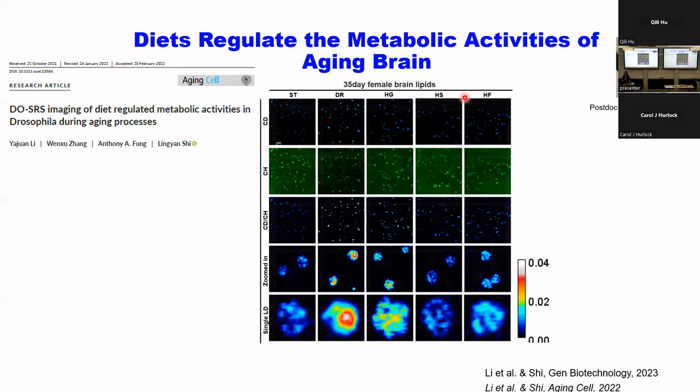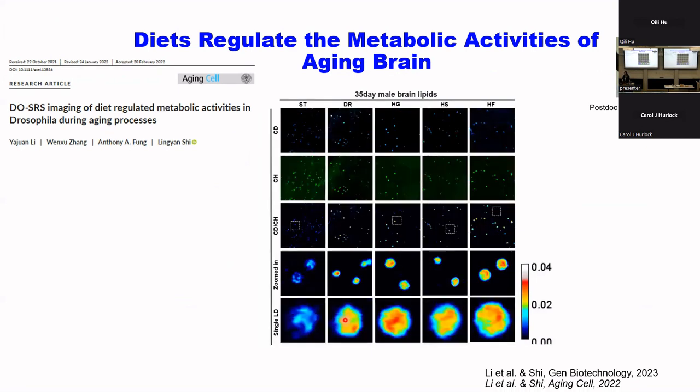So we look into the brain. We can observe that when the females become old and eat less, they can actually elevate the metabolic turnover rate for these lipid droplets in the brain. The lipid synthesis is elevated compared with normal food. The males also elevate the lipid droplet synthesis.